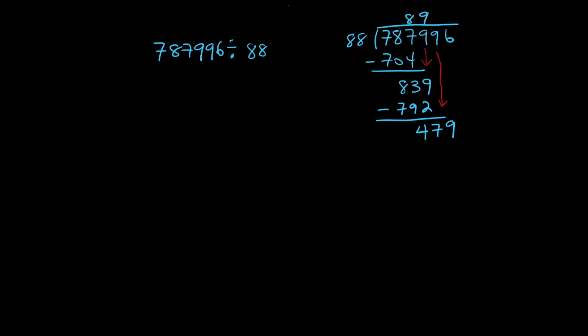Now, how many times can 479 be divided by 88? That would be 5 times. And 5 times 88 will be 440. 479 subtract 440, and that will be 39. And we can go ahead and pull down a copy of our 6.